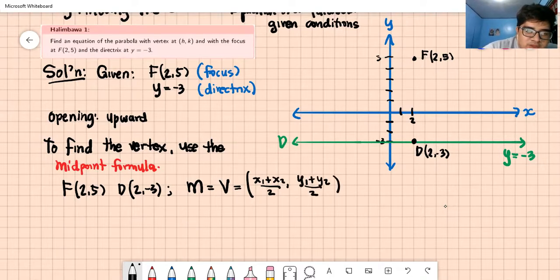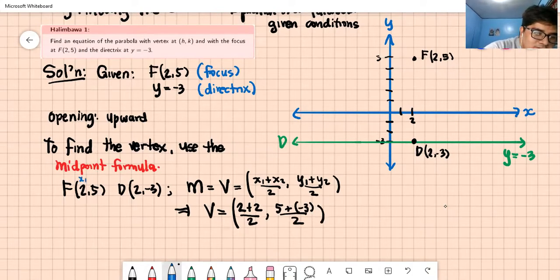Ngayon. The vertex is just equal to x1, which is 2 plus 2 all over 2, comma 5 plus negative 3 all over 2. Tama ba? This is x1, this is y1, this is x2, this is y2. Diba? Ngayon.